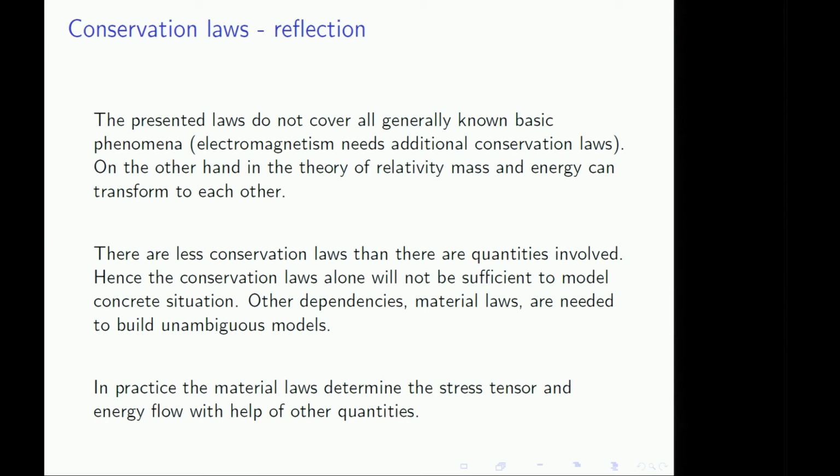So there's a lot more to be dealt with, but that goes too far from the basic introduction. On the other hand, I guess we all are aware of the theory of relativity and the fact that in relativity theory, mass and energy are interchangeable, so you can transfer mass to energy and vice versa, which means that actually there's no independent conservation of mass and conservation of energy.